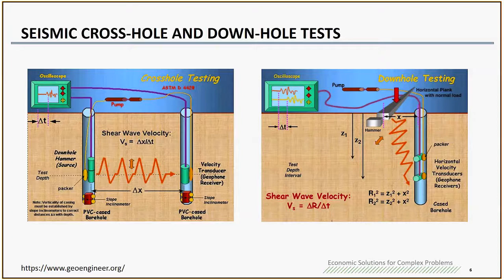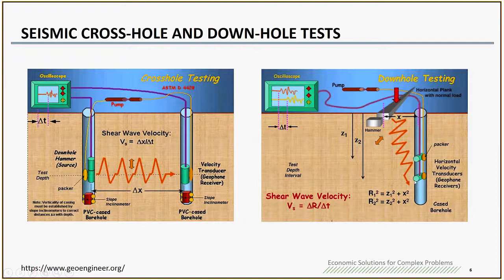So then this right hand side is downhole testing. What they do is have the source at the ground surface, and they have the receiver in the hole. So they only need to drill 1 hole, and the wave propagates this way.